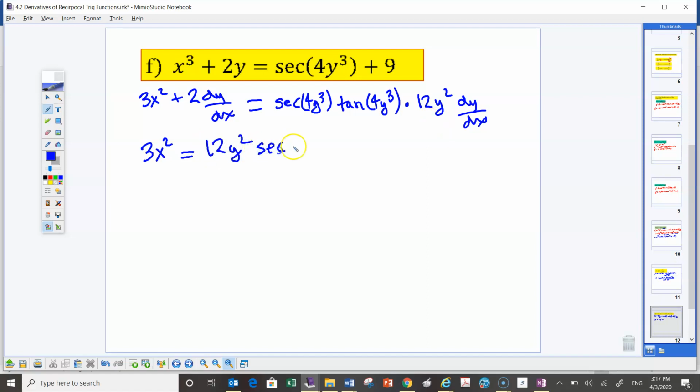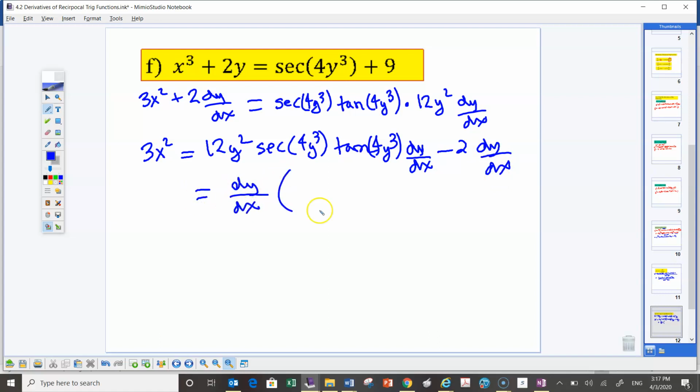And now I have secant 4y cubed tangent 4y cubed dy dx minus 2 dy dx, and now I'll factor dy dx out of these two terms, so I'm going to get 12y squared secant 4y cubed tangent 4y cubed minus 2 is equal to 3x squared. And now I move this mess over to the bottom, and that would be my final answer.